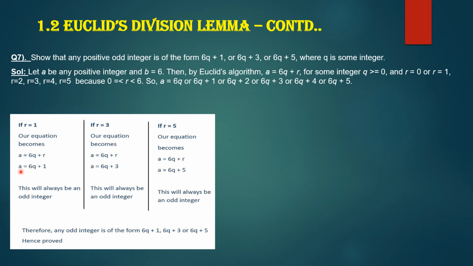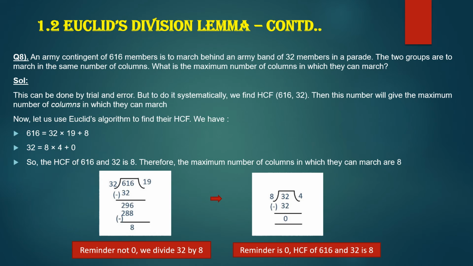What you will notice is that none of these values of a can be divided by 2, so it's not an even integer. That means it's definitely an odd integer. That's the ask of this question, which we have proved in this example.